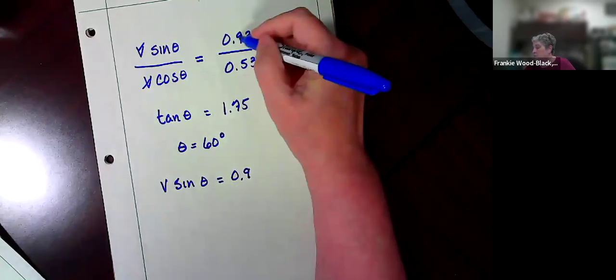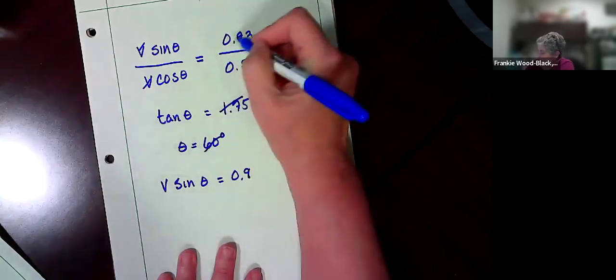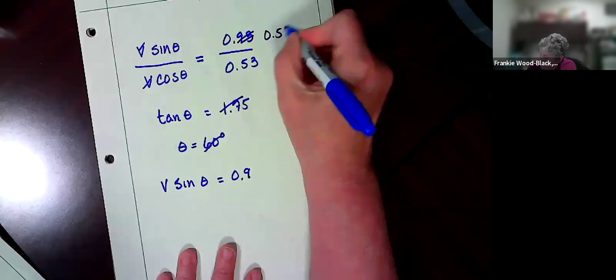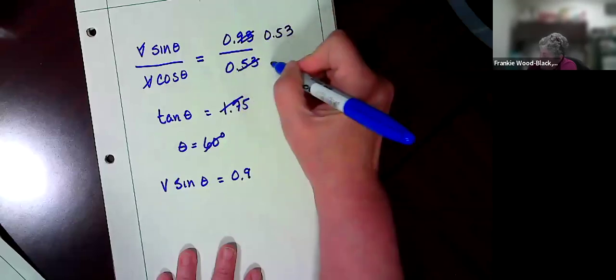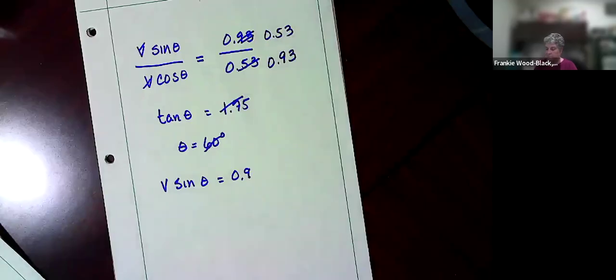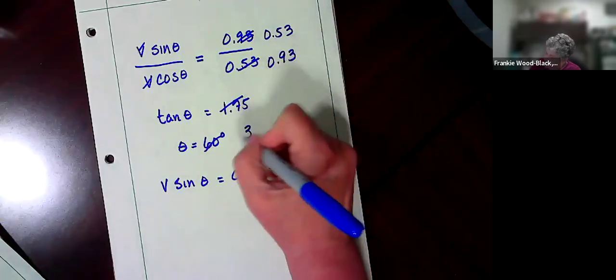Oops, I have this reversed. V sine of the angle was 0.53, and v cosine of the angle is 0.93. Which means my angle is actually 30 degrees.